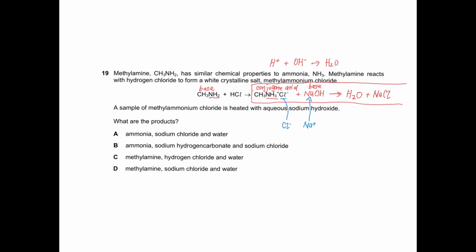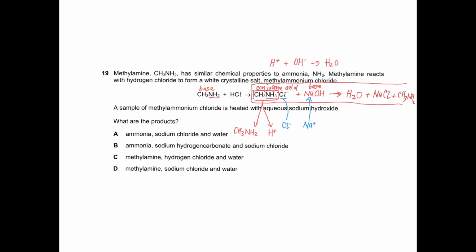What else? You have to know that this conjugate acid, after donating a proton, logically forms CH3NH2 and H plus. So this will be the third product, CH3NH2, which is methylamine.